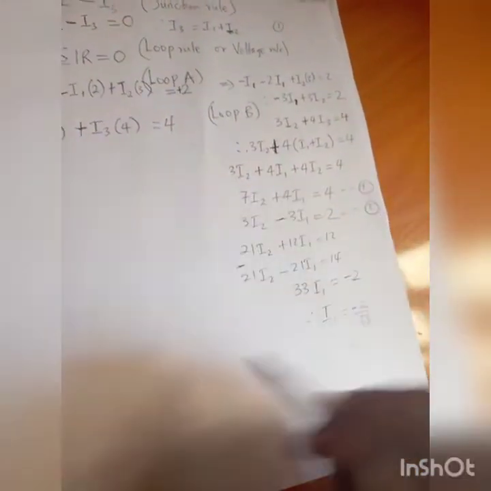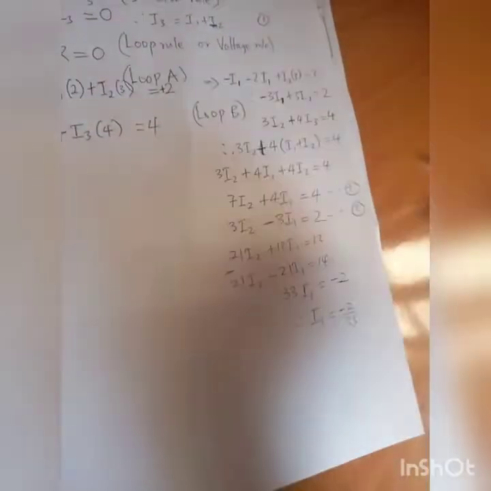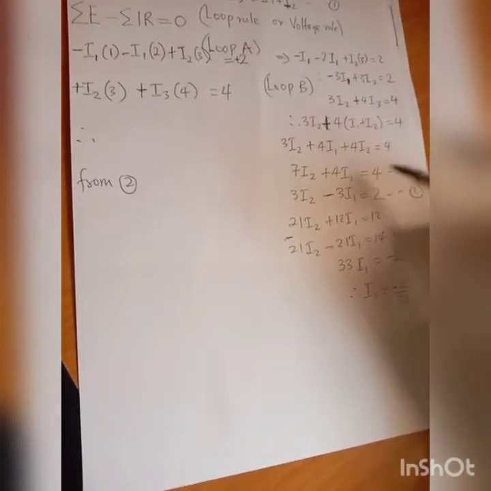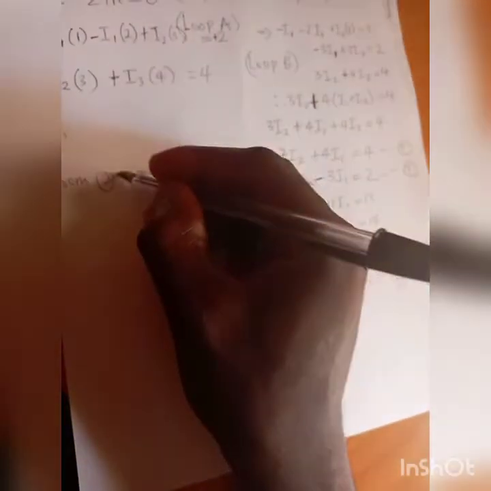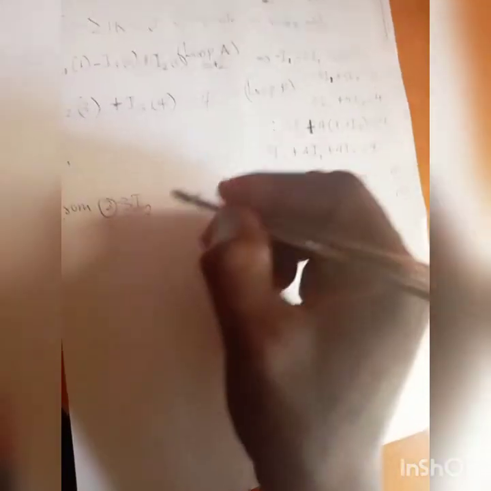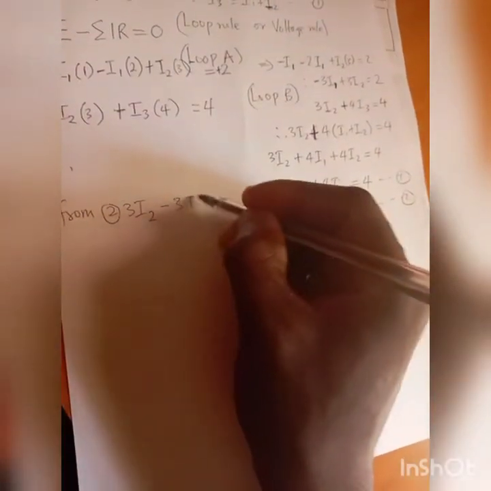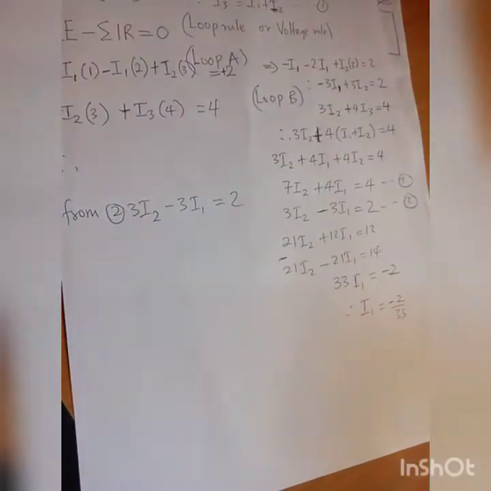You say from equation 2, that is this equation, we have 3I2 minus 3I1 equals to 2.